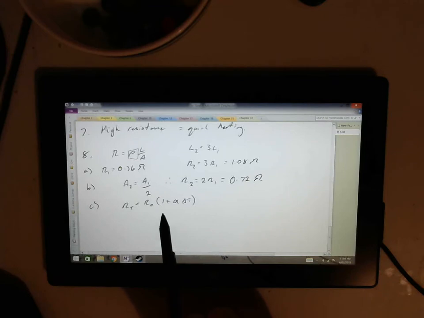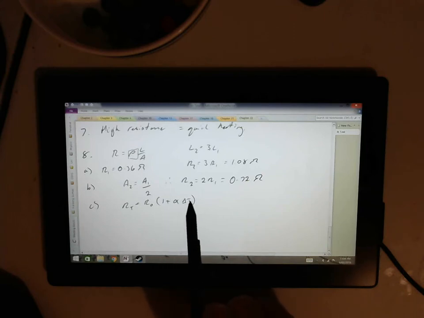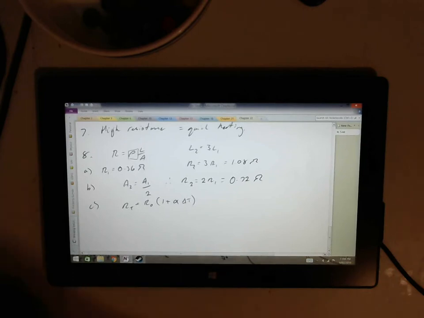We add 1 to it because that way it's always going to be an increasing number or a decreasing number depending on what sign delta T is. If delta T comes out positive, that's above 1, so therefore that increases. If delta T is a negative number, then that whole thing will come out below 1 and this number will reduce in proportion.